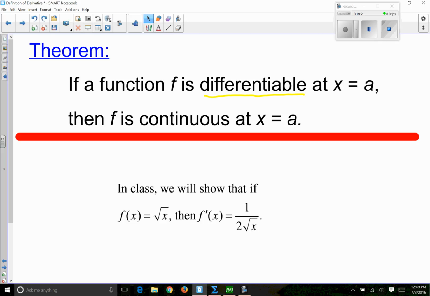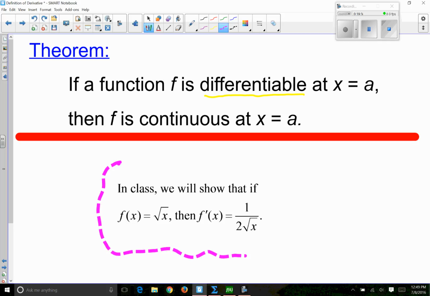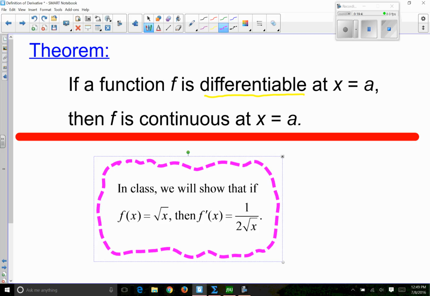And when you come to class, we're going to do this example. You might see if you can do it ahead of time on your own. If f of x equals the square root of x, then f prime of x, that means the derivative of this function, is 1 over 2 radical x.